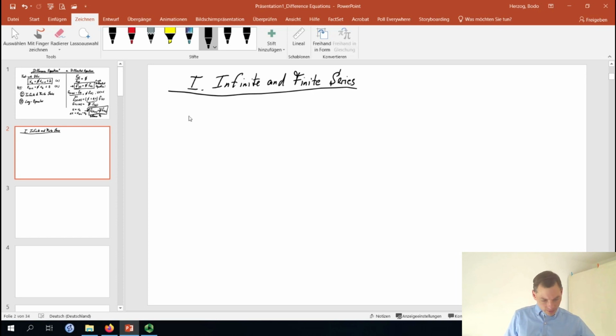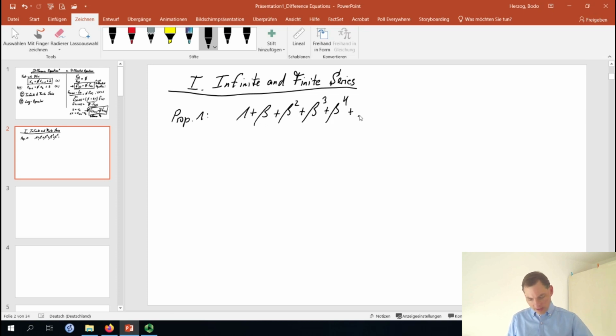So the first proposition I will give here: suppose we have a series, which is 1 plus beta, plus beta squared, plus beta cubed, plus beta to the power of 4, plus and so on to infinity. In other words, we can rewrite it as the sum from t equals 0 to infinity of beta to the t. Of course, if beta is 0, then it's 1. If beta is 1, then it's beta squared, and so on. So that's the sum of this time series.